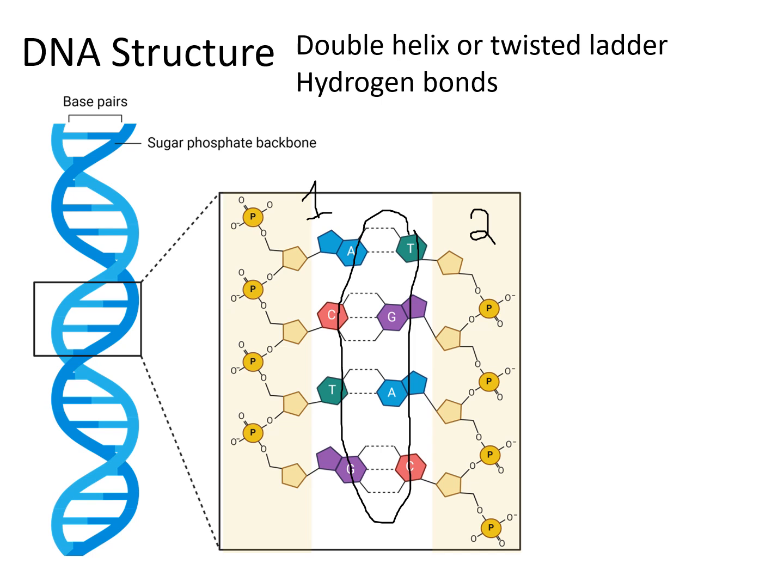But the picture on the left, it's actually what it really looks like. Note how the rails of the ladder are along the outside, with the alternating sugar phosphate backbone. And note how the rungs of the ladder are the nitrogenous bases that are paired with the hydrogen bond.